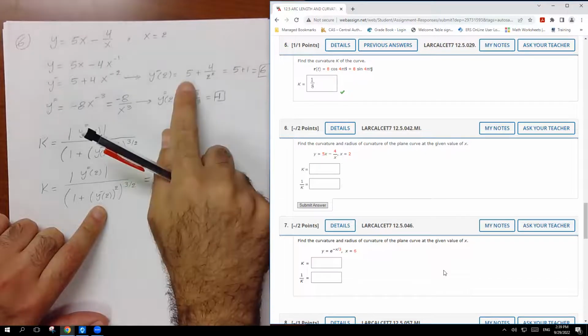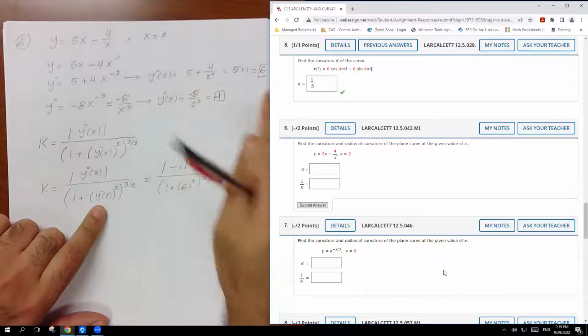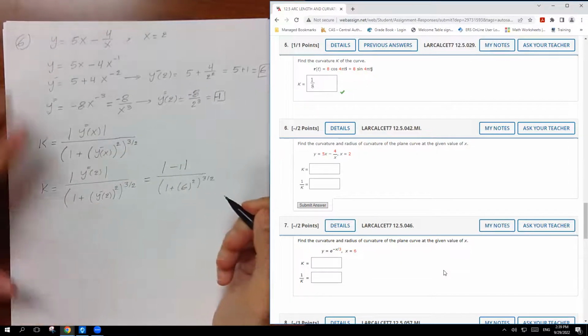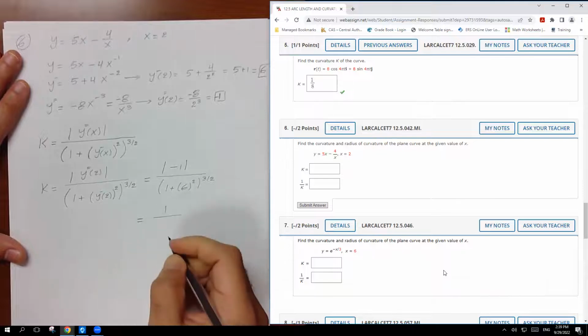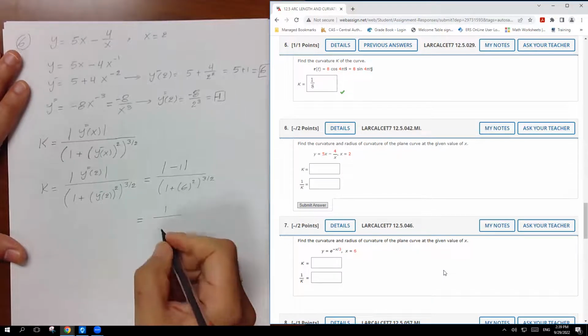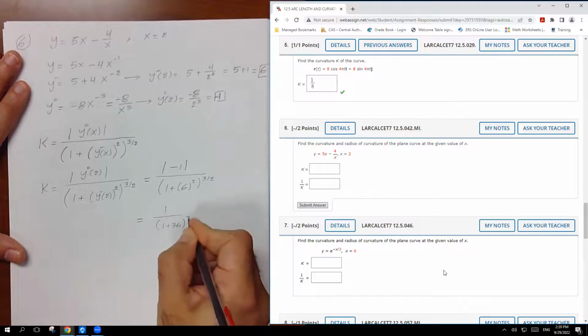So is there something wrong here when I find y prime? No, that's right. So let's keep going. So now this is going to be 1 over 1 plus 36 to the 3 over 2.